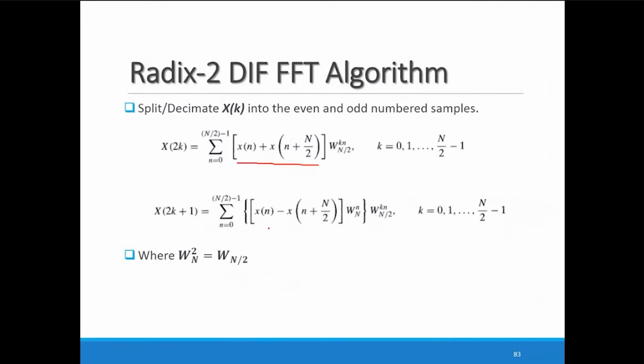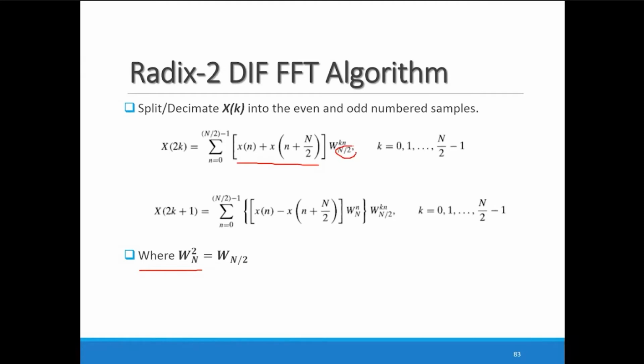So here you are getting this minus 1 over here, minus 1 into x of n plus n by 2 into omega n raised to n into omega kn by n by 2. So here whatever omega n square, we represent this with omega n by 2 over here.